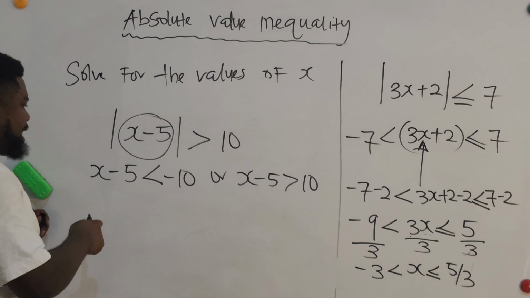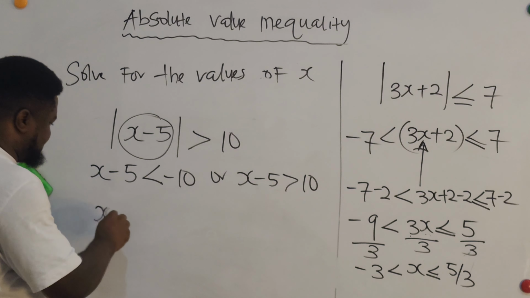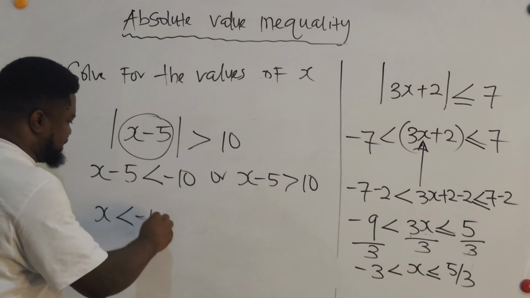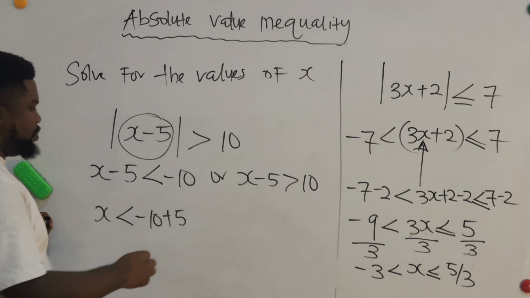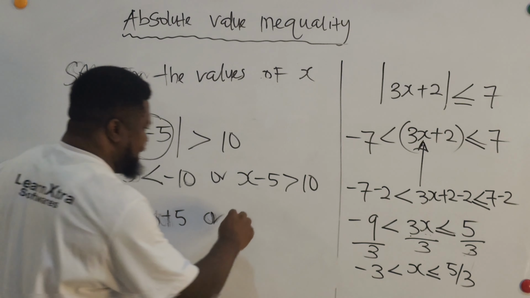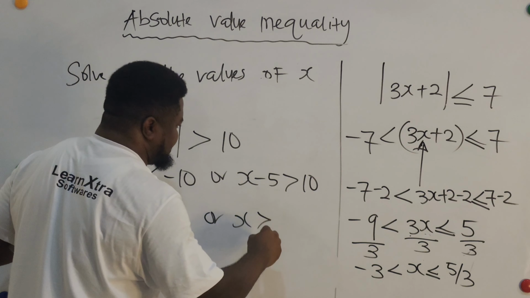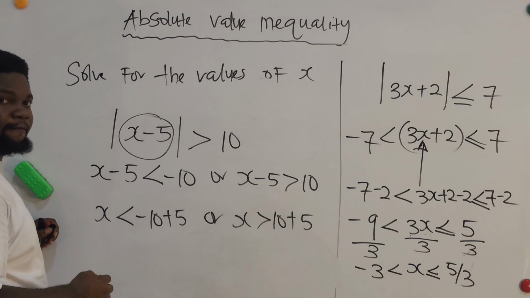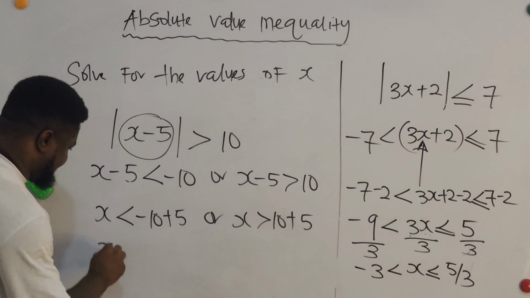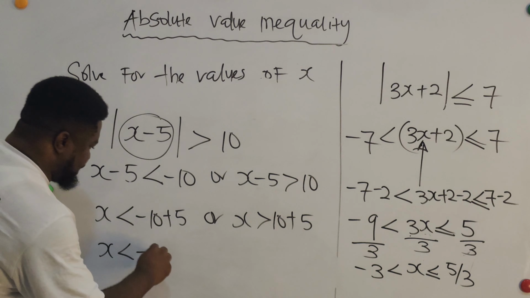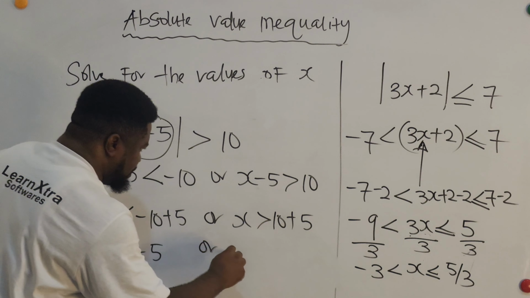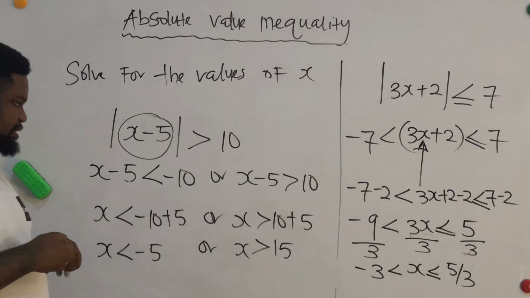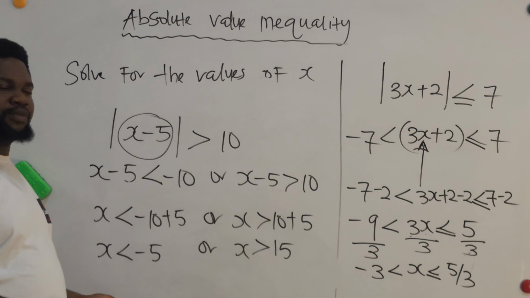So here, I will say that x minus 5 going over is less than minus 10 plus 5, or x is greater than 10 plus 5. And this will be x is less than minus 5, or x is bigger than 15. It's very simple.